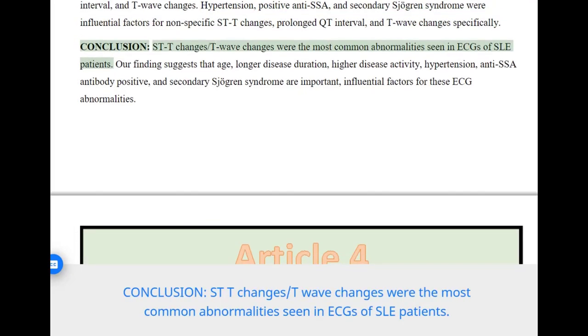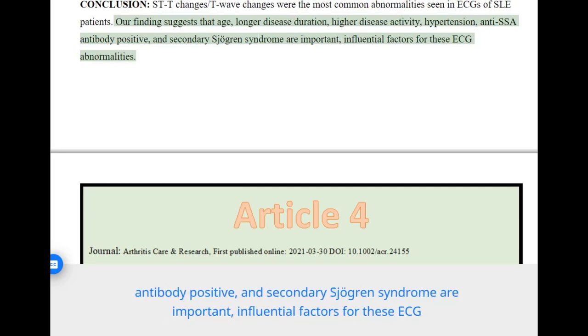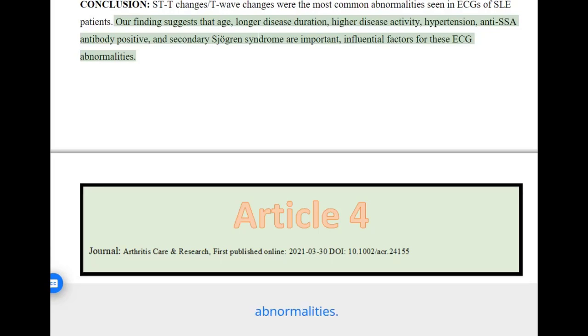Conclusion: ST-T changes and T-wave changes were the most common abnormalities seen in ECGs of SLE patients. Our findings suggest that age, longer disease duration, higher disease activity, hypertension, anti-SSA antibody positivity, and secondary Sjögren syndrome are important, influential factors for these ECG abnormalities.